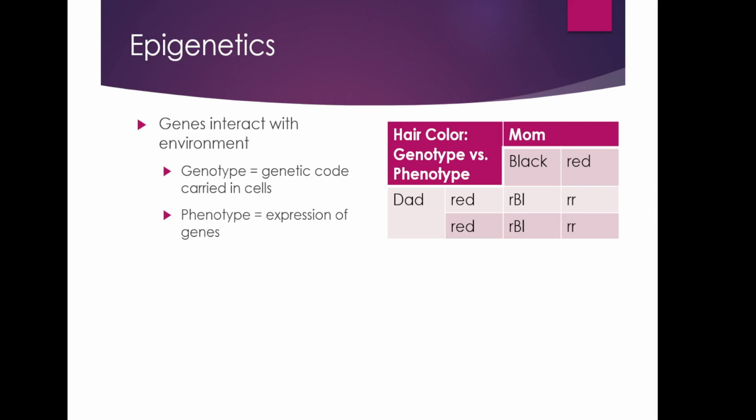So that's a pretty simple one, and it's a really good example of how genotype, okay, these are the genes that the children have, but the expression of those genes, the phenotype, can be affected by something like the environment. One environmental factor that can affect hair color is exposure to the sun or exposure to chlorinated water or salt water can have an impact on the hair color.